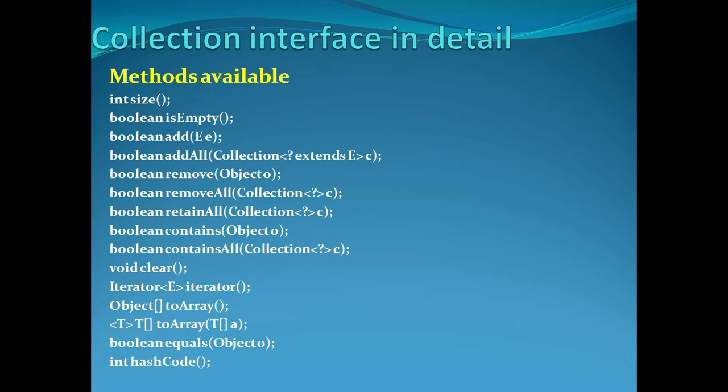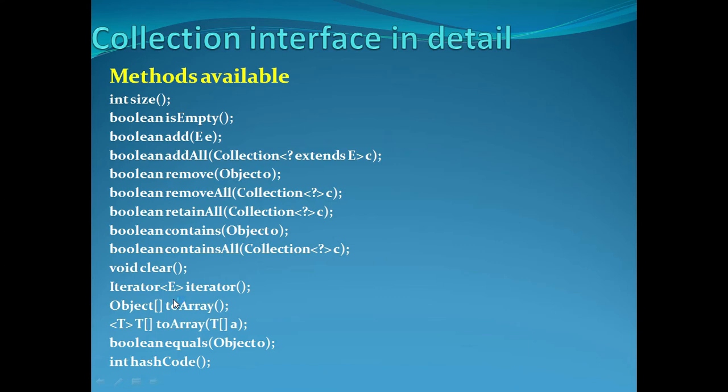Here you can see all the methods from the collection interface, that is size, isEmpty, add a new element, addAll, removeAll, and so on. These will be present by default in the linked list.